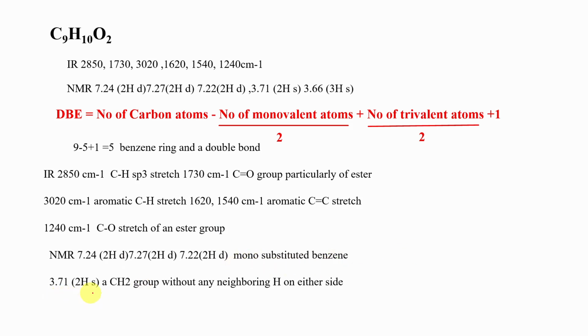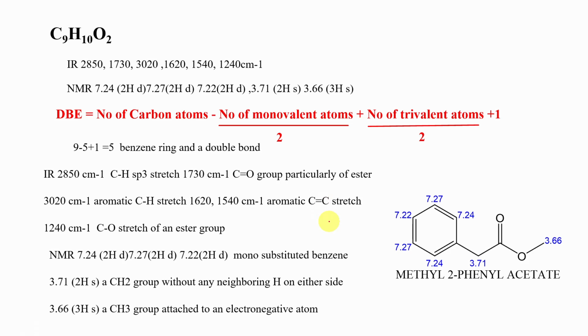Also 3.71 2 hydrogen singlet indicates a CH2 group without any neighboring hydrogen on either side, which is why it gives a singlet. 3.66 3 hydrogen singlet indicates a CH3 group attached to an electronegative atom. That is a singlet.